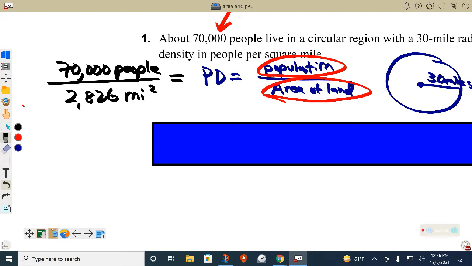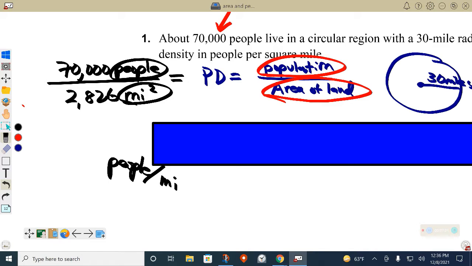So when I divide 70,000 by 2,826, my final answer is going to be people per square mile. The numerator is people, the denominator is square miles.